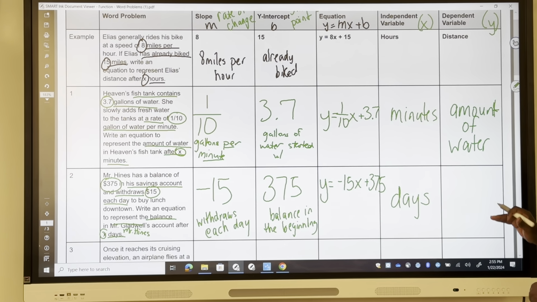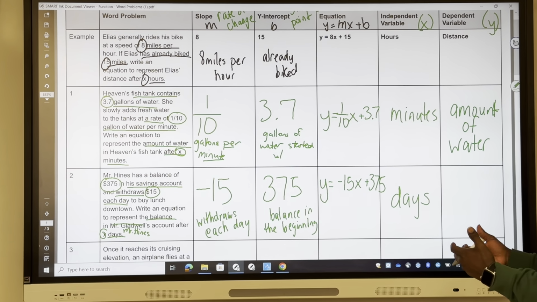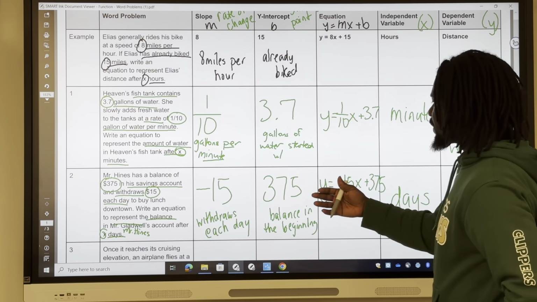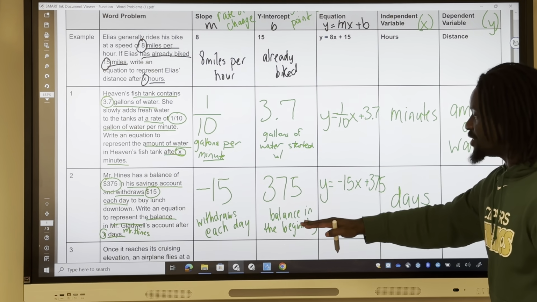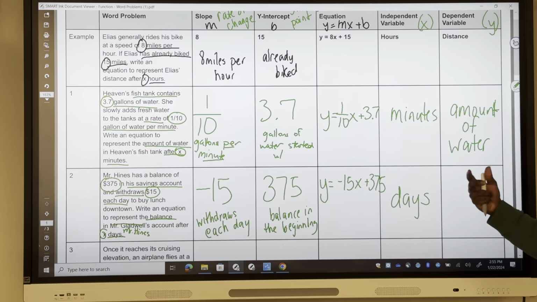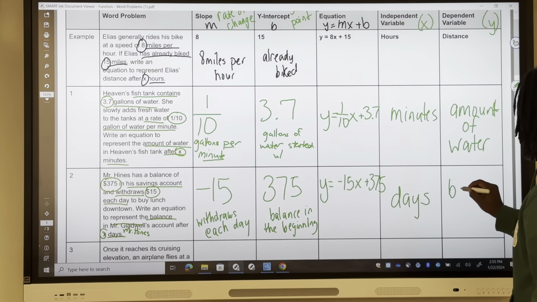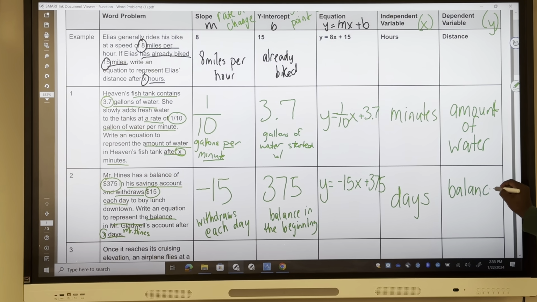And then the dependent variable is what changes as a result of each of these days. Well, when I'm withdrawing each day, what is changing? What's changing is the account balance, all right? And so that is the dependent variable, all right?